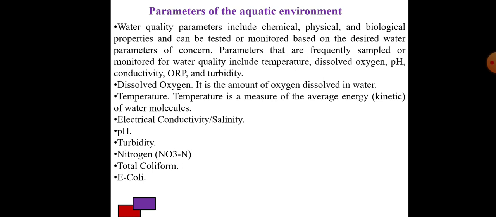Total coliform includes bacteria that are found in the soil, in water that has been influenced by surface water, and in human or animal waste, okay. And then E. coli is a bacteria. So these are some chemical, physical and biological properties or parameters of the aquatic environment, okay.